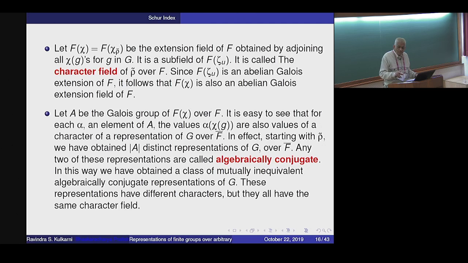Any two of these representations are called algebraically conjugate, and this Galois group acts transitively on them. In this way, we have obtained a class of mutually inequivalent algebraically conjugate representations of G. These representations have different characters, but they all have the same character field.